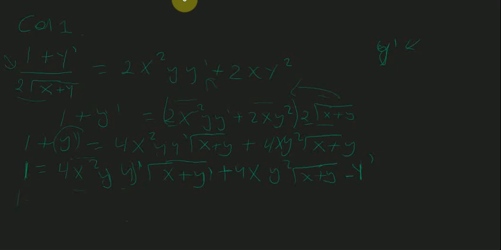So 1 minus 4xy squared square root x plus y equals 4x squared y prime square root x plus y minus y prime.